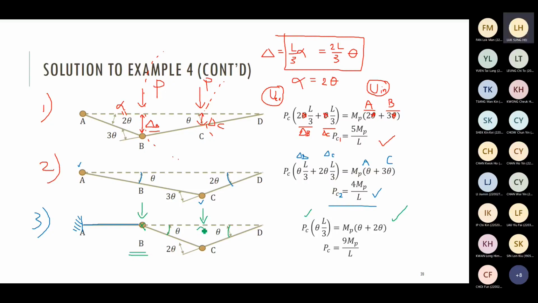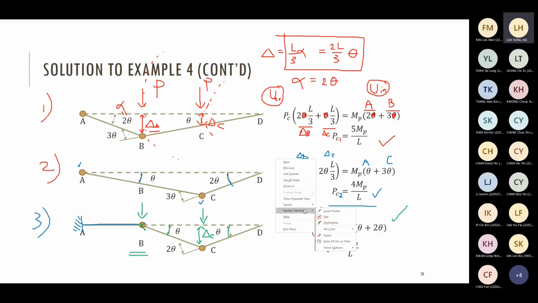So in this problem, only the loading at point C does some work on the structure. Delta B is 0 because we have only one term on the left-hand side, only one force does work. So after we arrange the equation, you can see that the corresponding collapse load for this failure mode is 9 MP over L. Large value. Large value means it's not very possible to occur.